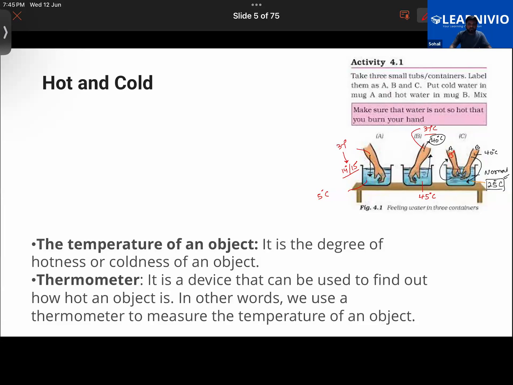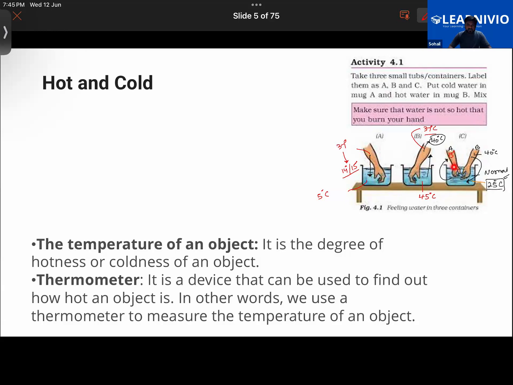Why will heat flow from the water to your hand in hand A?